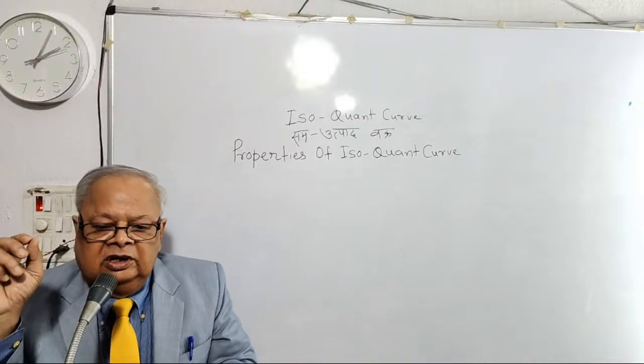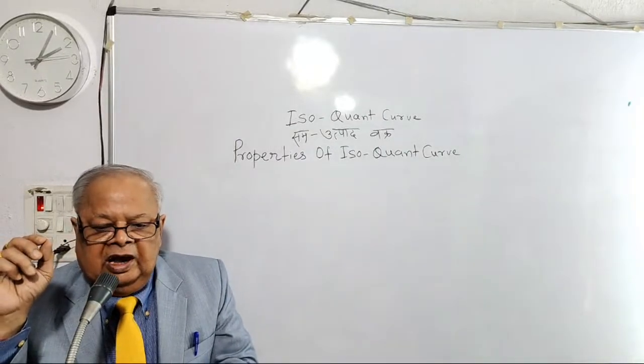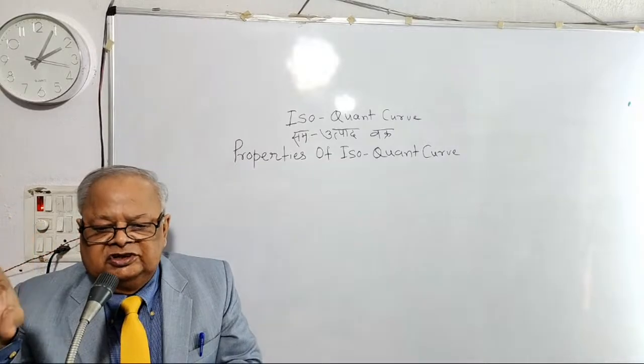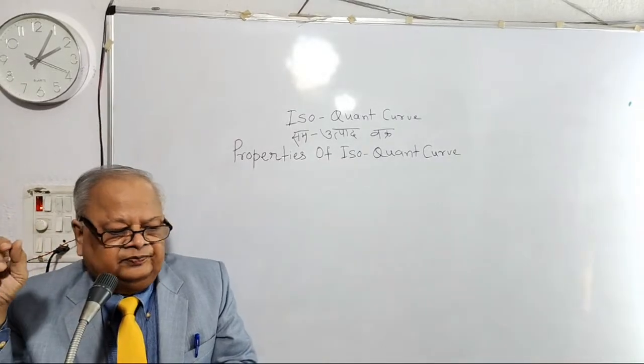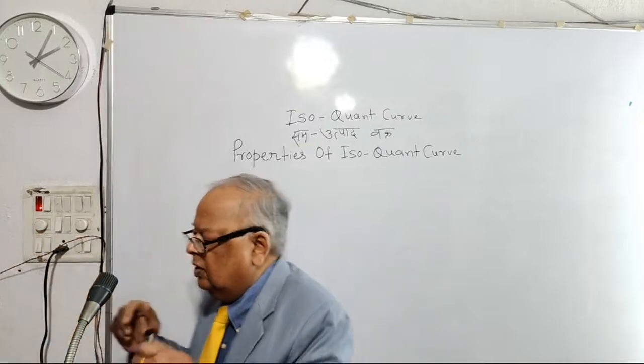Isoquant curve is downward sloping, and there are two factors taken into consideration: labor and capital. Look on the board.